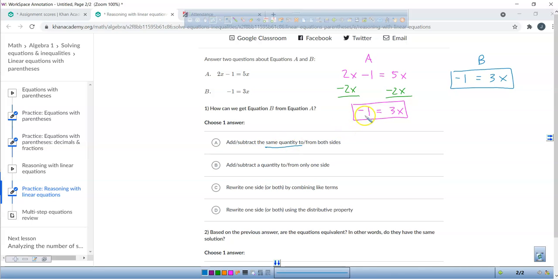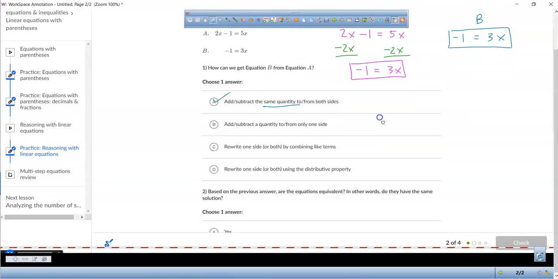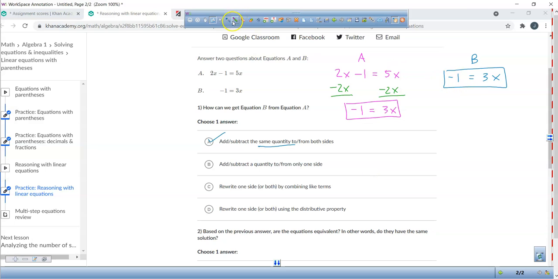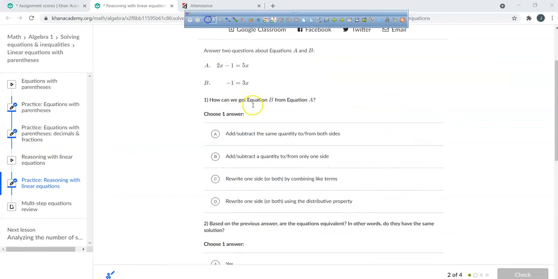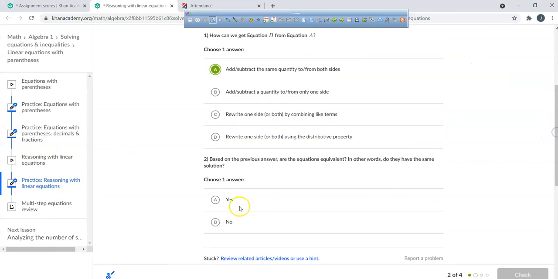We added or subtracted the same quantity to both sides. So I'm going to say that one. These end up being the same solution. If we solve it, we divide both sides by 3, and x equals negative 1/3. So they end up having the same solution. I'm going to say they added the same quantity to both sides, and yes, they have the same solution.